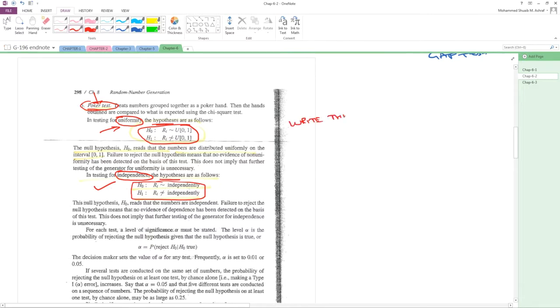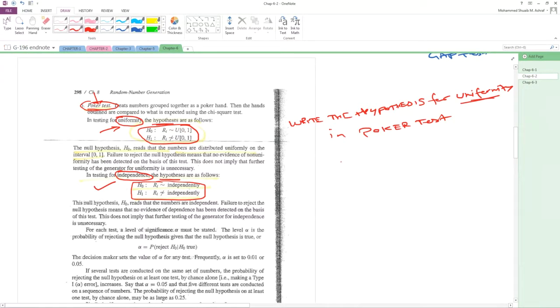Write the hypothesis for uniformity in the poker test.